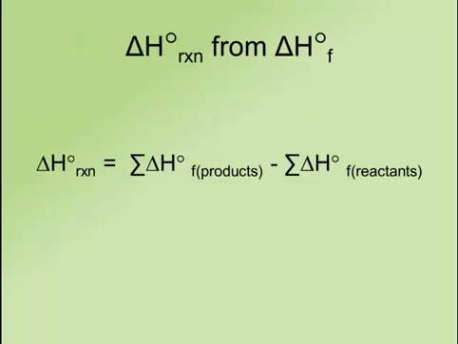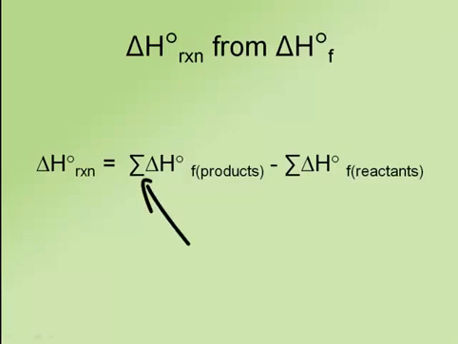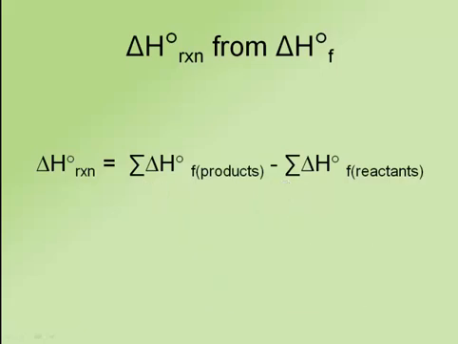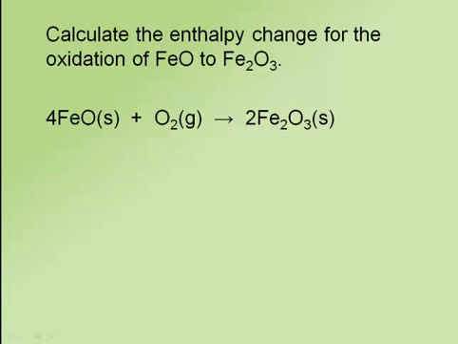To calculate delta H for any reaction, take the sum of all the heats of formation of all the products and subtract the sum of all the heats of formation of the reactants. Look at this reaction.